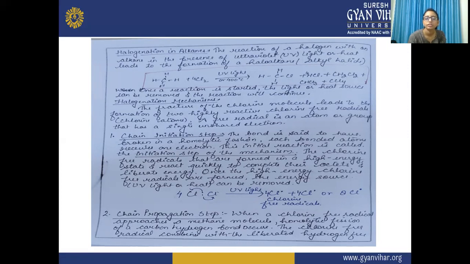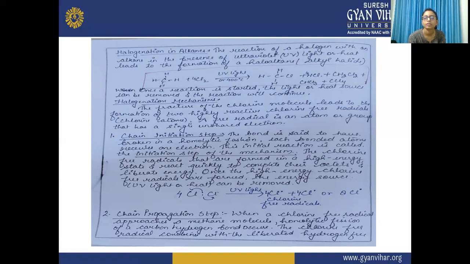So here the reaction is given: alkane, that is methane. Methane, when reacted with chlorine in the presence of UV light or 400 degrees centigrade, gives CH3Cl, HCl, CH2Cl2, CHCl3 plus CCl4.